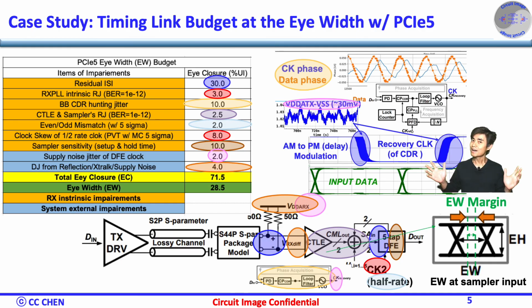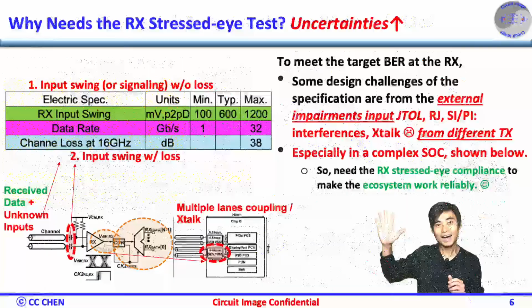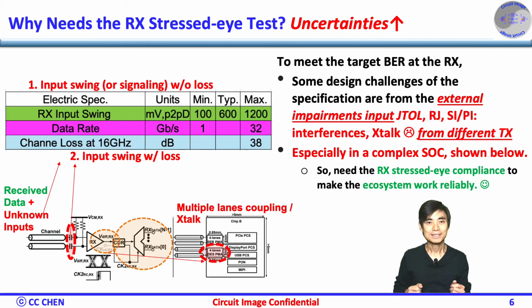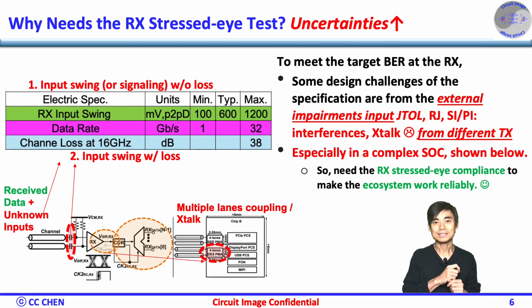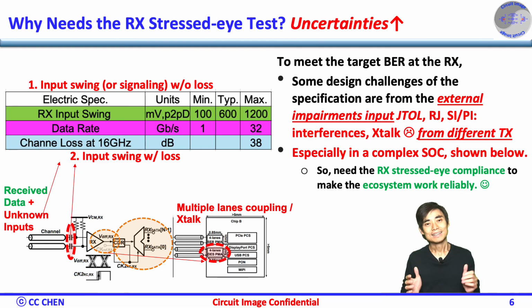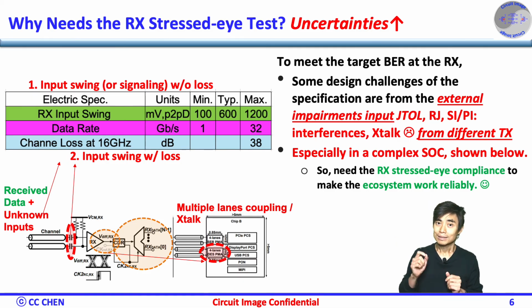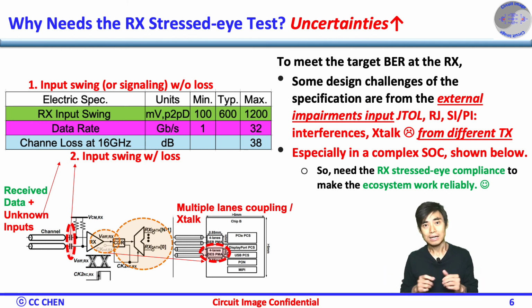Do you think that's enough? Think about the uncertainty in the system for 5 seconds. Correct, that's not enough. Again, in the ecosystem, the RX should expect any unknown inputs, especially in a complex SoC. Again, the TX may meet the eye mask specification, but the system still has lots of uncertainties to break the link.